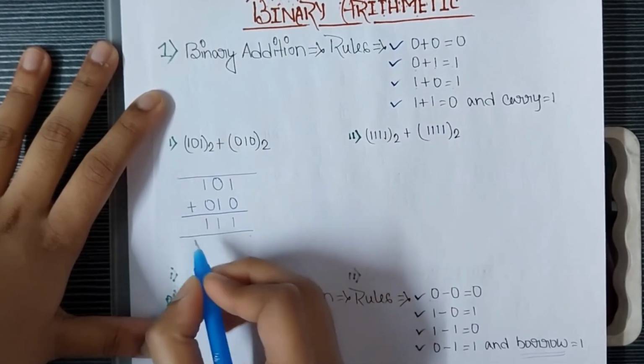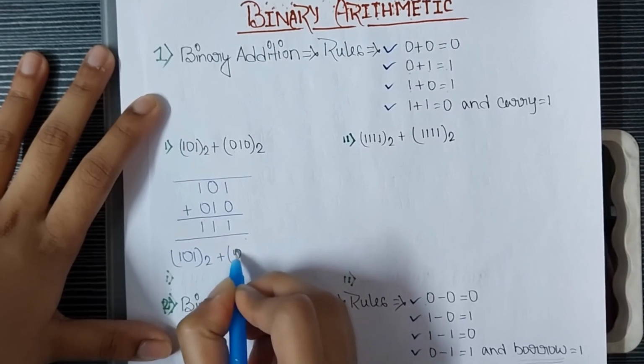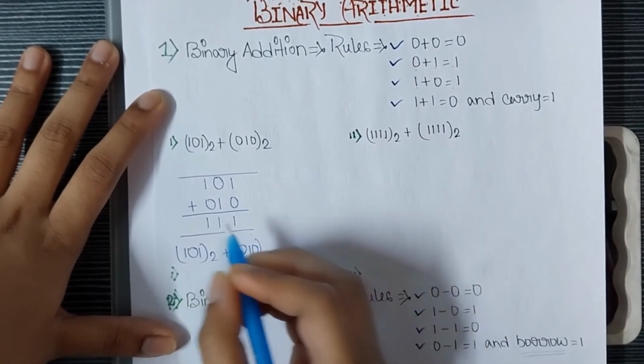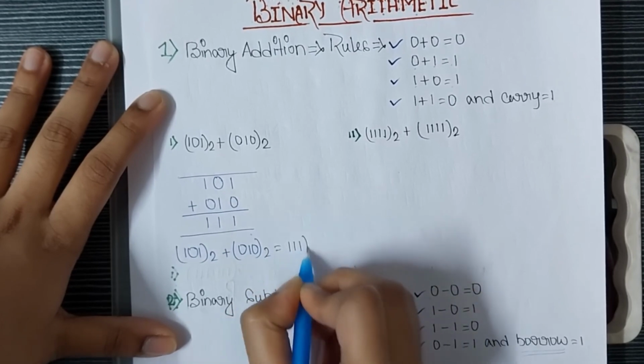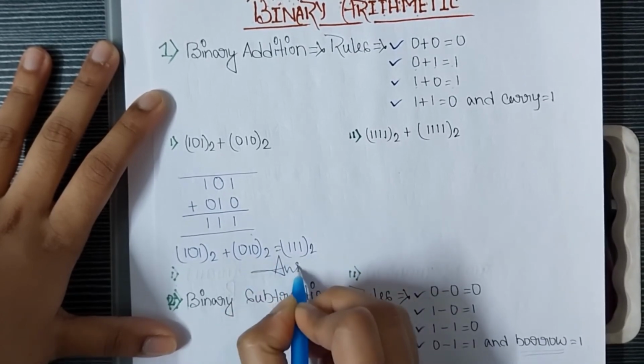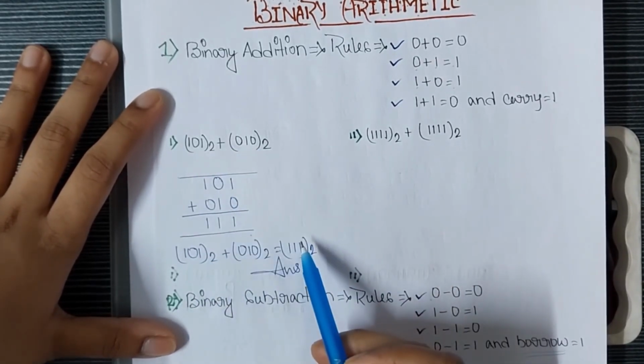So this is a normal addition. The final result will be 101 plus 010 is equal to 111. This is the final result of this binary addition.